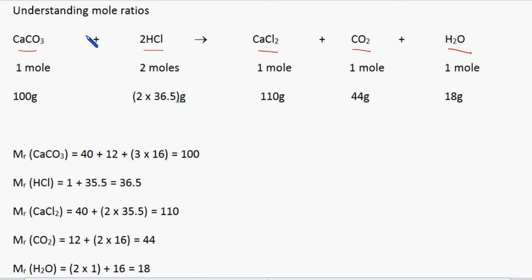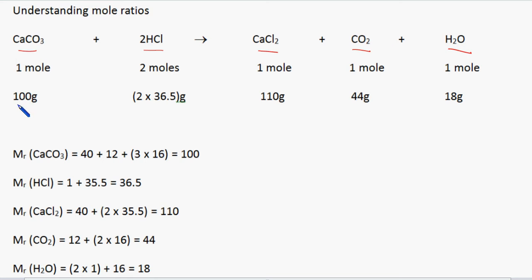The equation as it is right now is balanced, just simply by putting a 2 in front of the hydrochloric acid. We don't have a number in front here, so we assume it is understood that it is 1. So we have 1 mole here, 2 moles of acid, 1 mole of calcium chloride, 1 mole of carbon dioxide, and 1 mole of water.